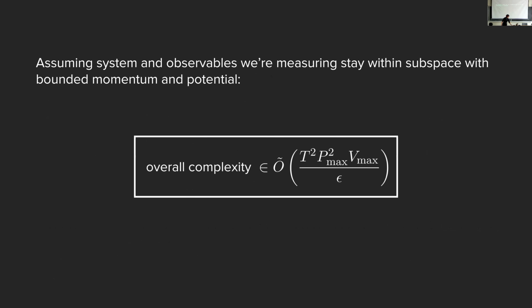If that is the case, then we have an overall complexity that scales with O tilde of t squared, p max squared, v max over epsilon. The tilde hides the polylog factors, because if you're increasing the number of time steps, you're also increasing the number of qubits logarithmically, because the number of x grid points scales logarithmically.